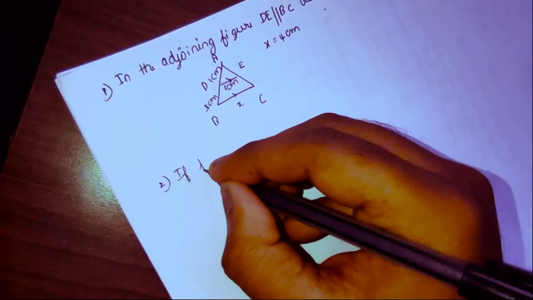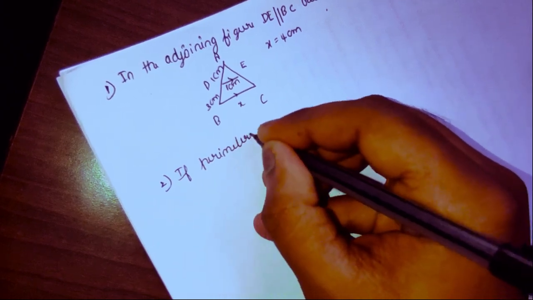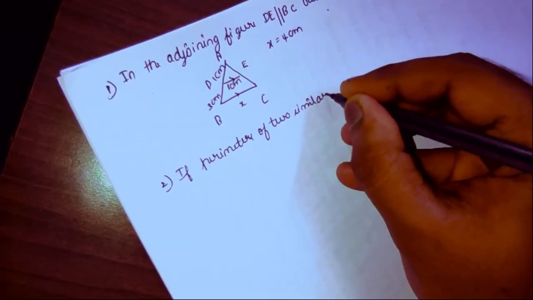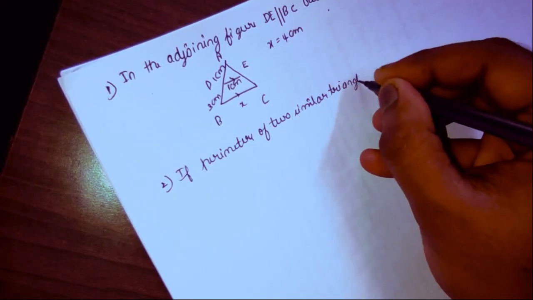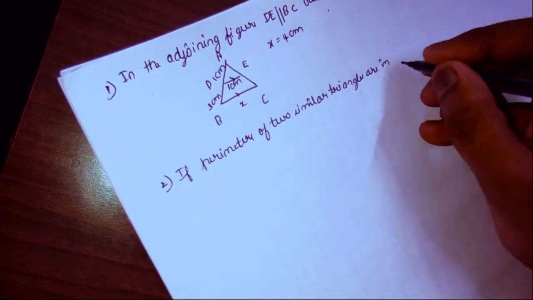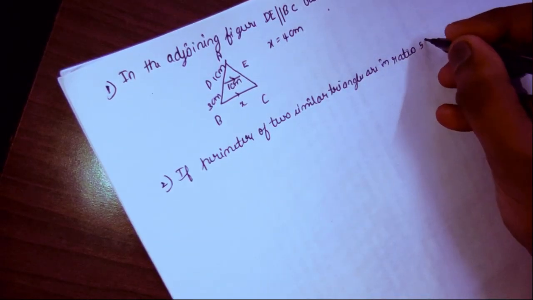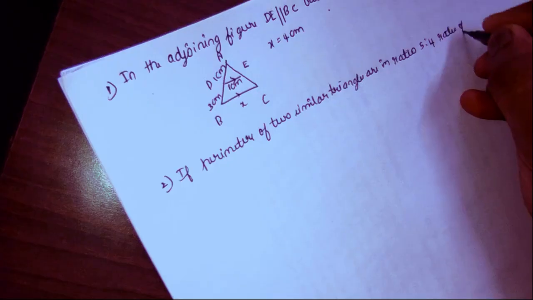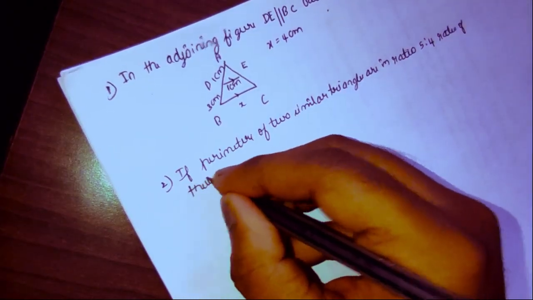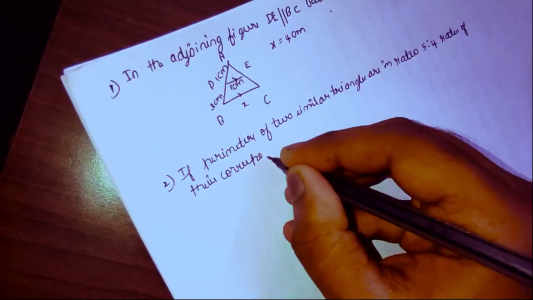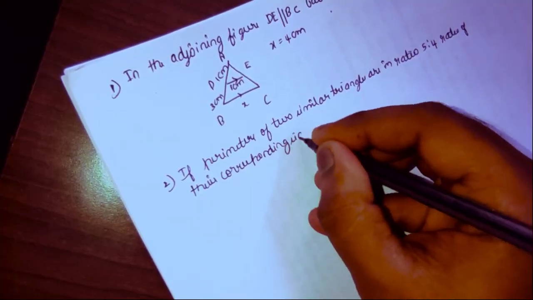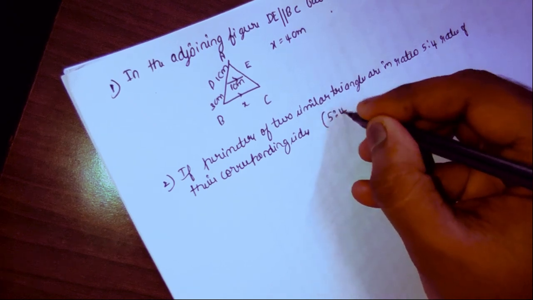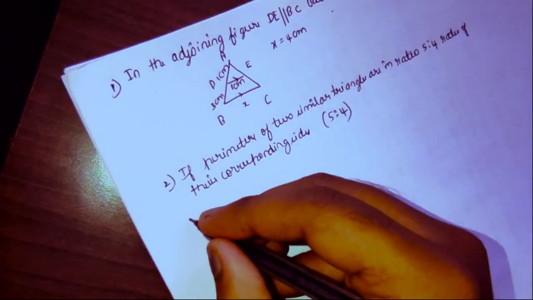Second question. If perimeters of two similar triangles are in the ratio 5:4, ratio of their corresponding sides. The answer is 5:4. Third one.